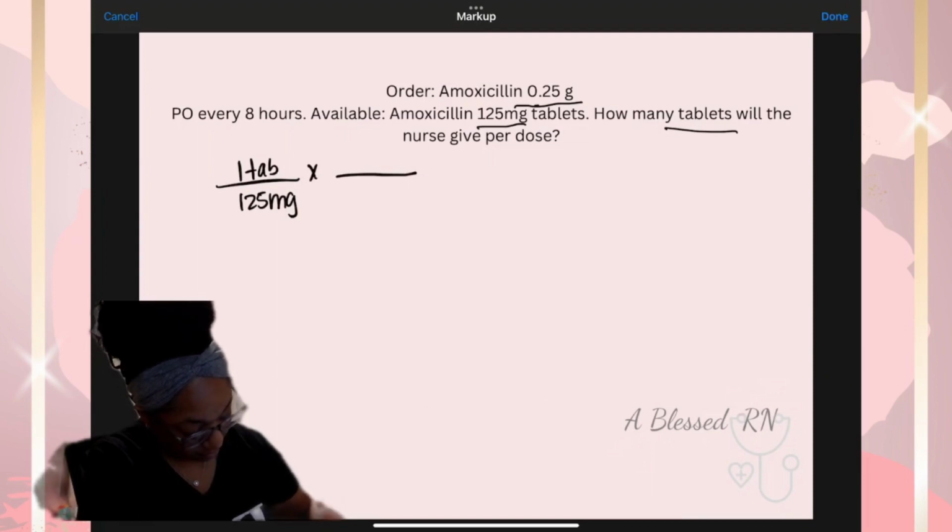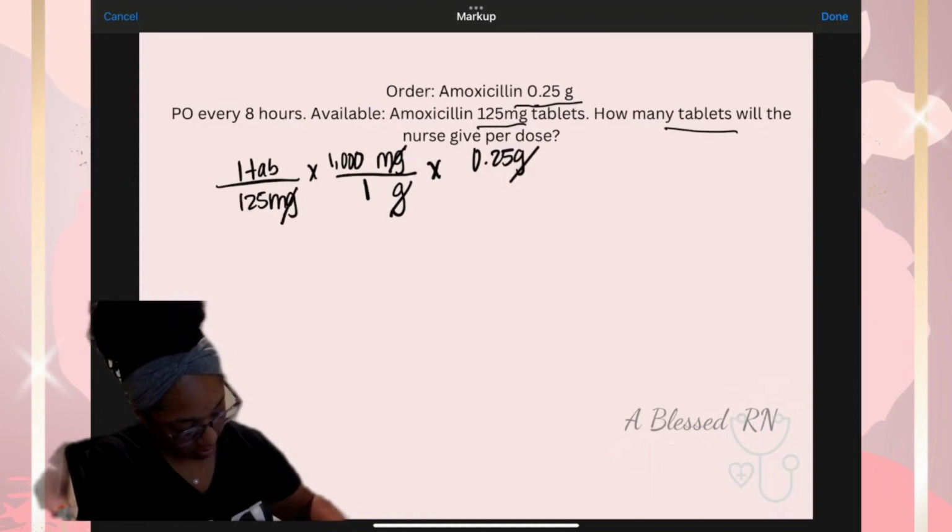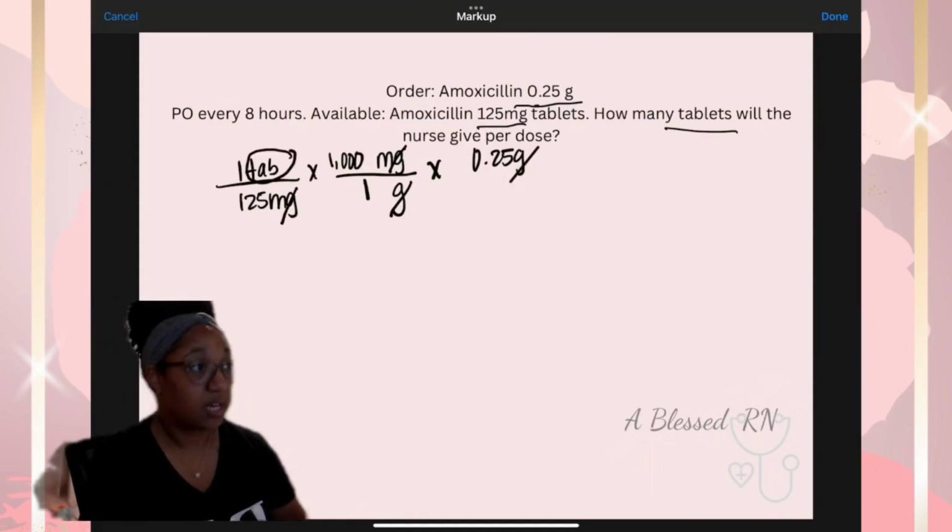Let's do a conversion now. So, milligrams over grams. 1,000 milligrams is 1 gram, and then you've got the 0.25 grams that was ordered. So you see milligrams cross out, grams cross out, and then you're left with tablets.